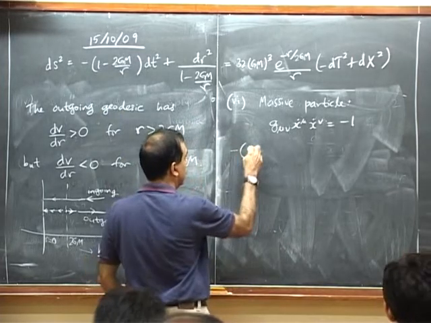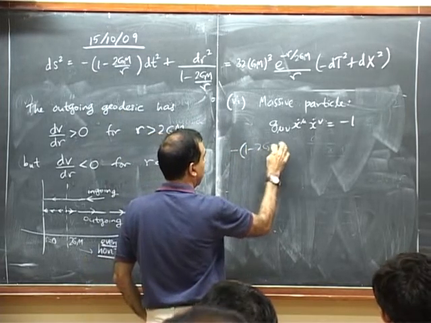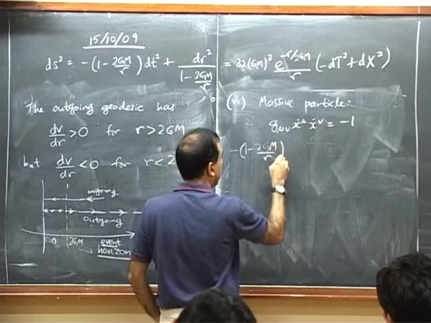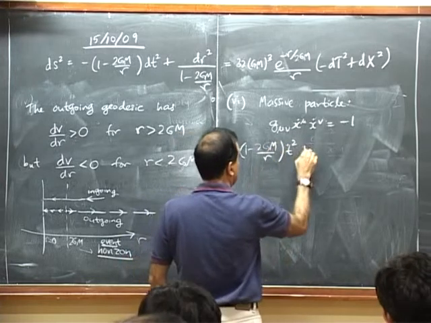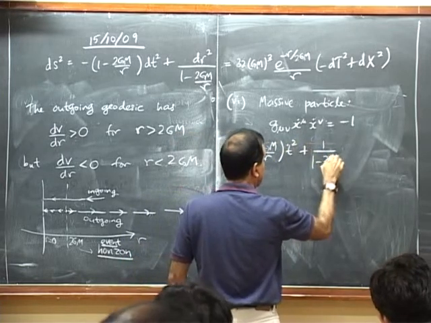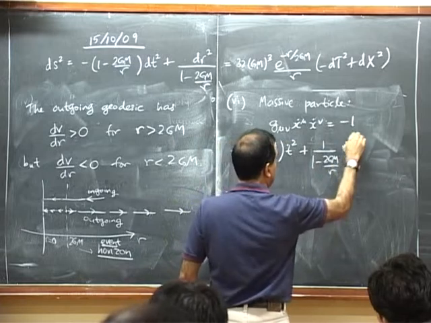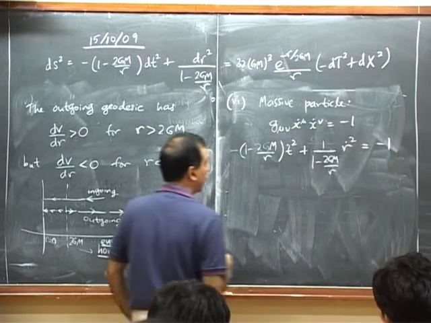So this equation, of course, we've seen this hundreds of times, is this: E dot squared plus 1 over (1 minus 2GM by R) times R dot squared equals -1.